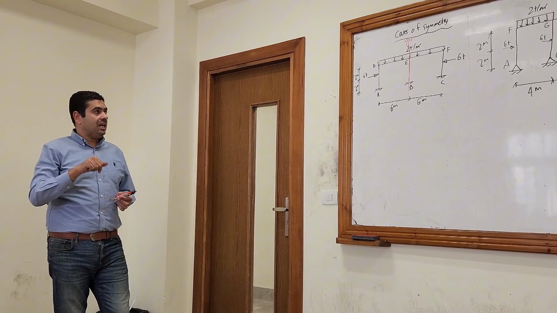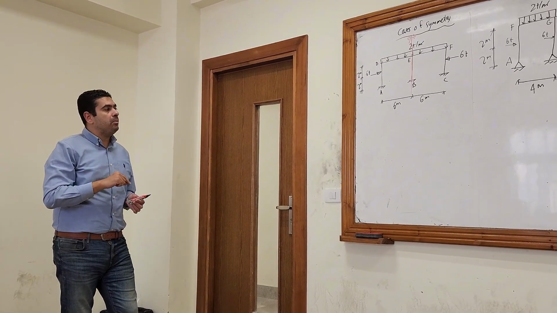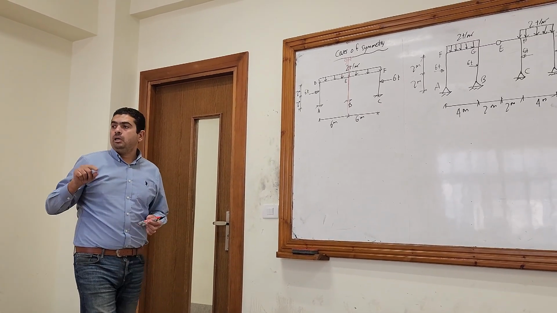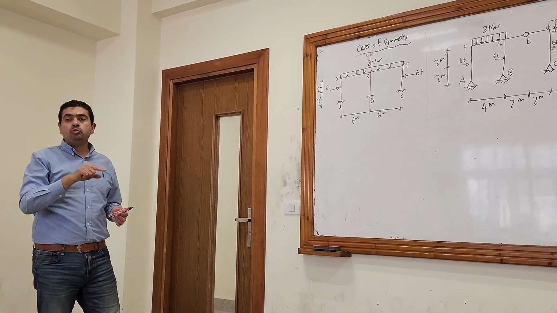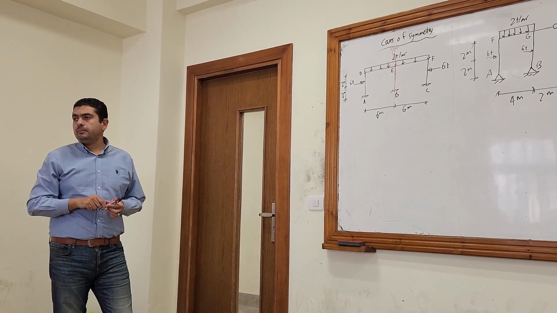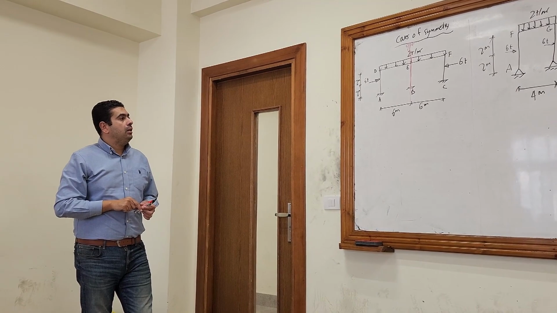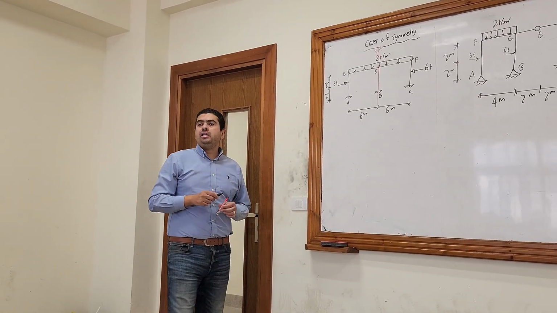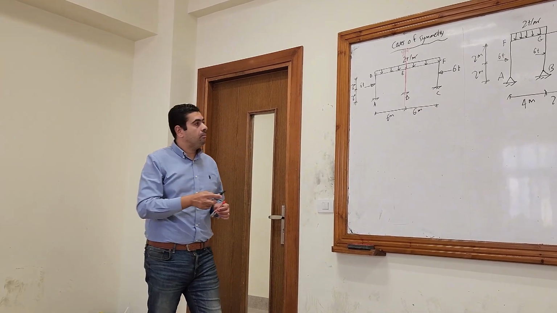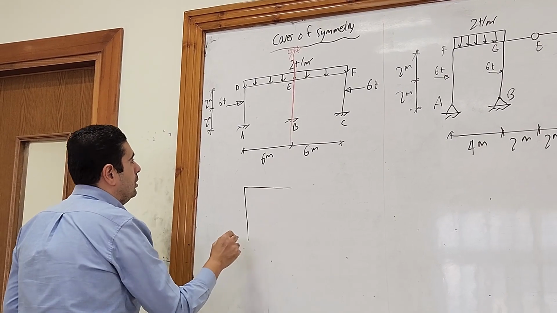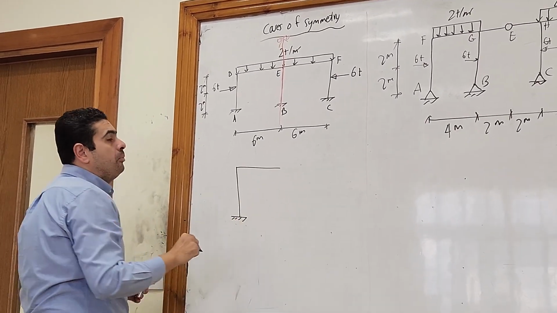In this case, again, the frame member, the column EB, has to be unloaded. If it's loaded with any load, then no symmetry. In this case, you can draw only half the frame, like this, and you can remove the member BE.